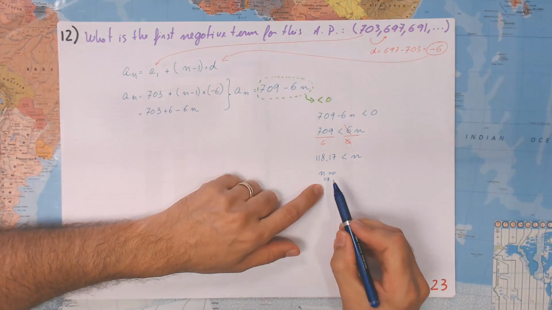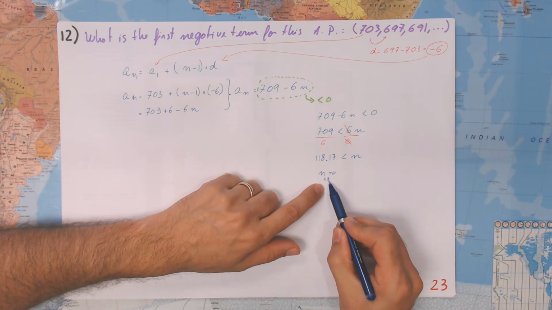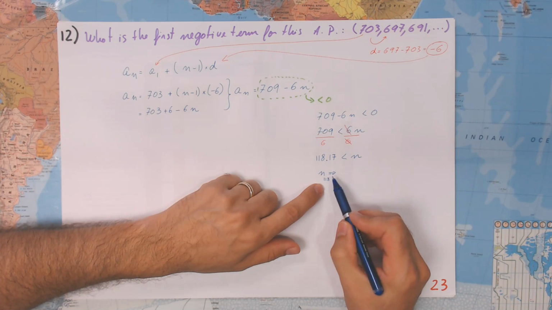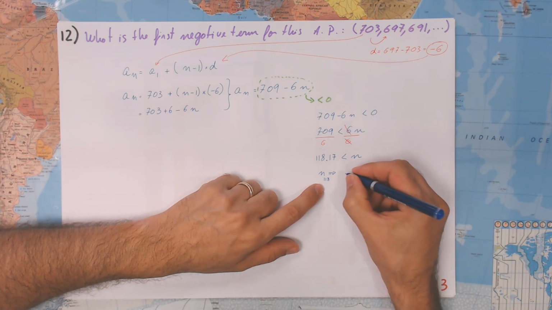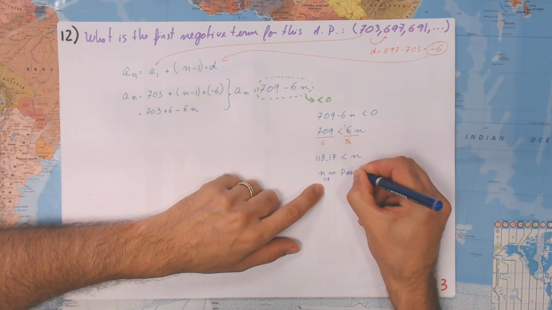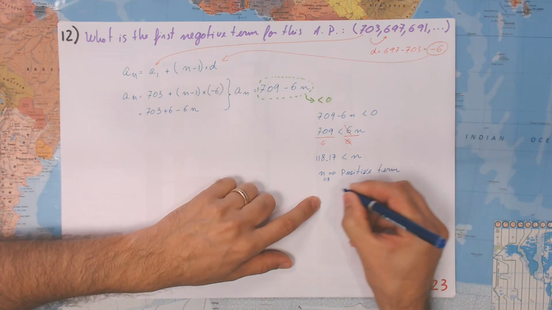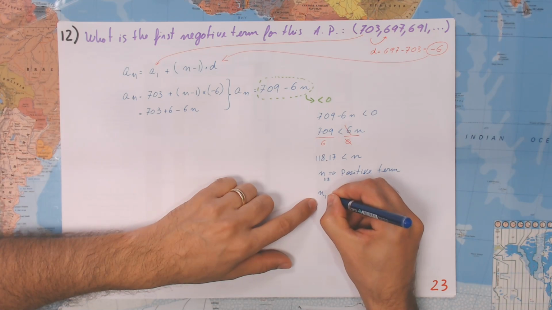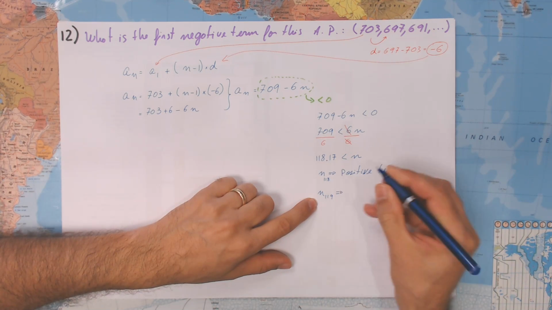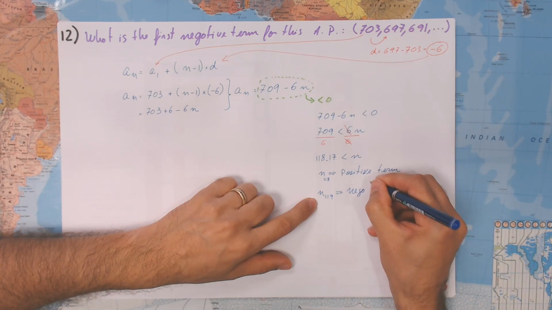If we are at n 118, this is not bigger than that. It means that we are going to have a positive term. But if now n is 119, now we are going to have a negative term.